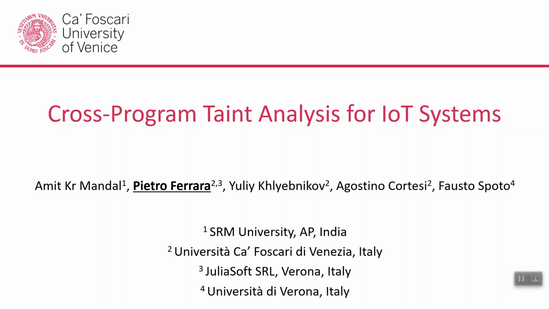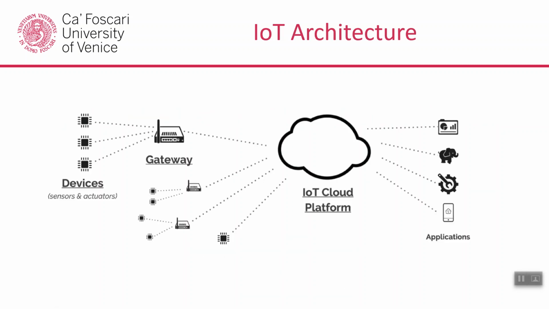So first of all, let's start from the end of the title, IoT systems. How is an IoT system composed, first of all? Essentially, what we have in existing IoT software and systems that we see around is a bunch of different layers.